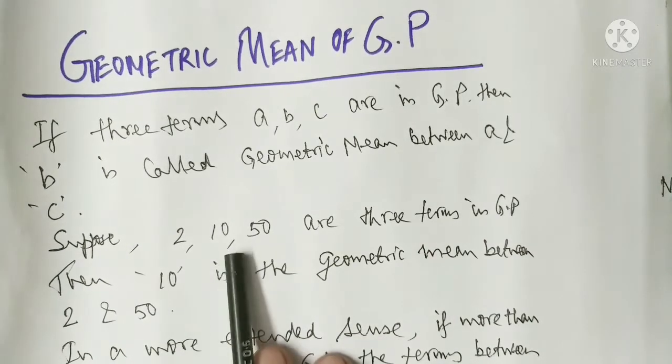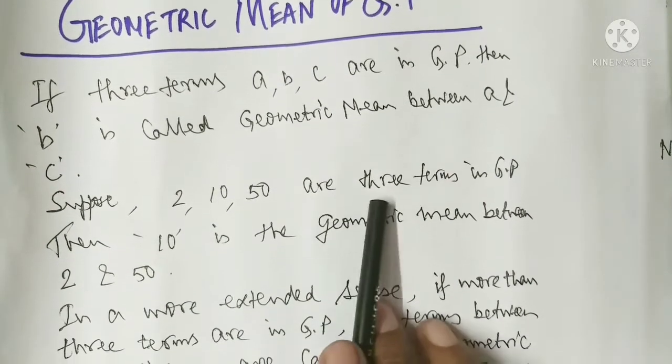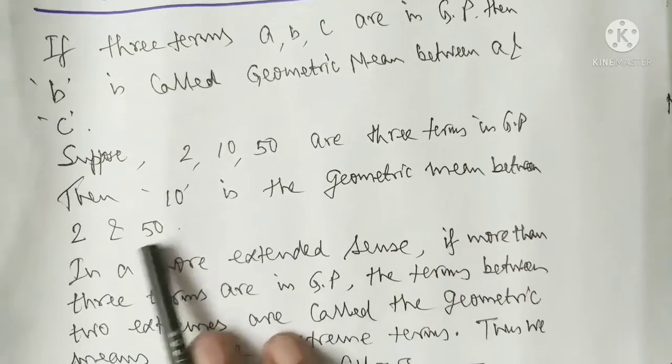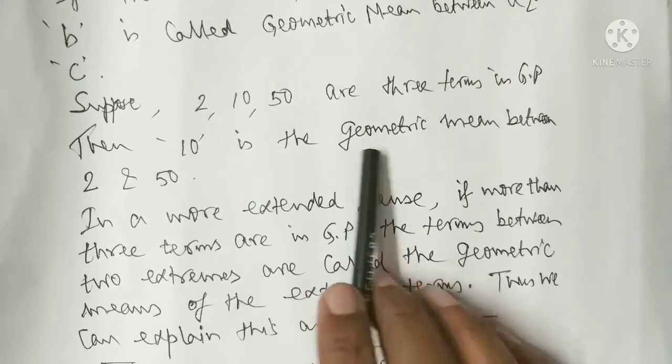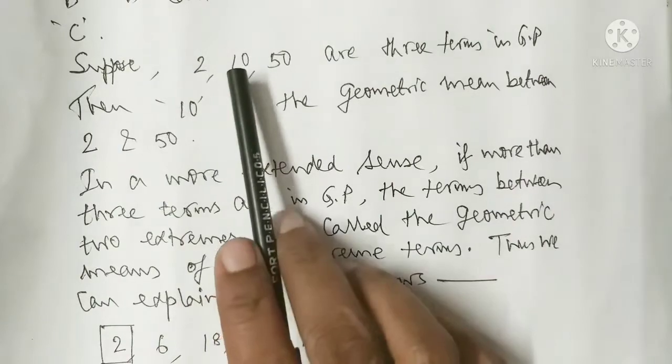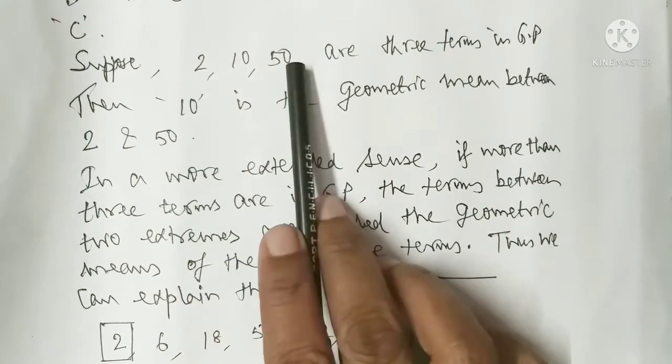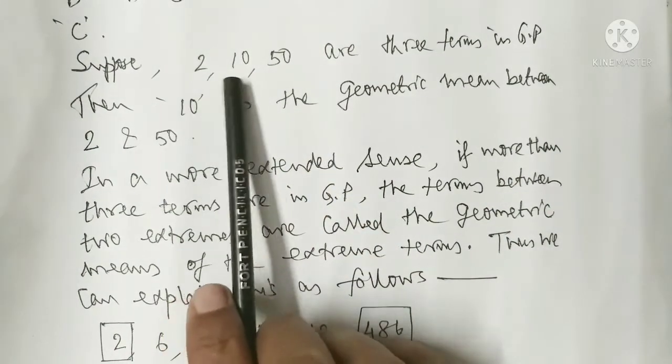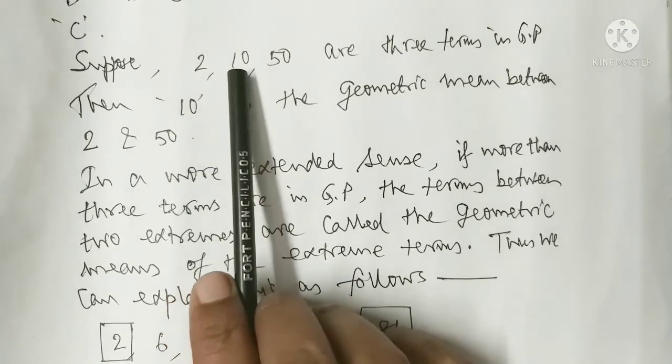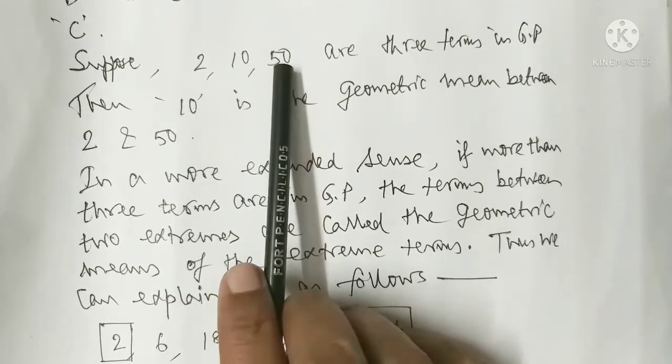Suppose 2, 10, 50 are three terms in GP, then 10 is the geometric mean between 2 and 50, because 10 is in the middle of 2 and 50. This is a GP because 2 into 5 is 10, and 10 into 5 is 50.